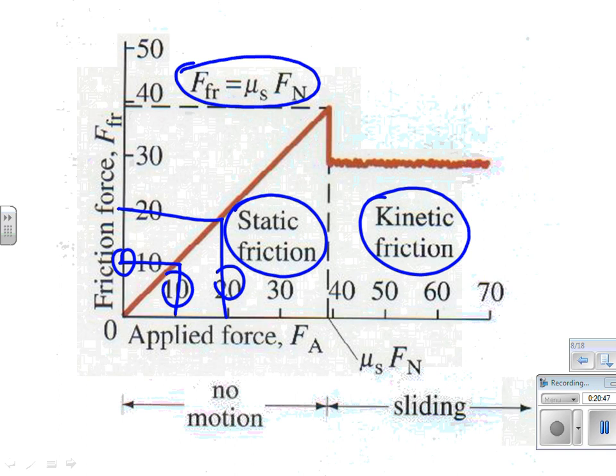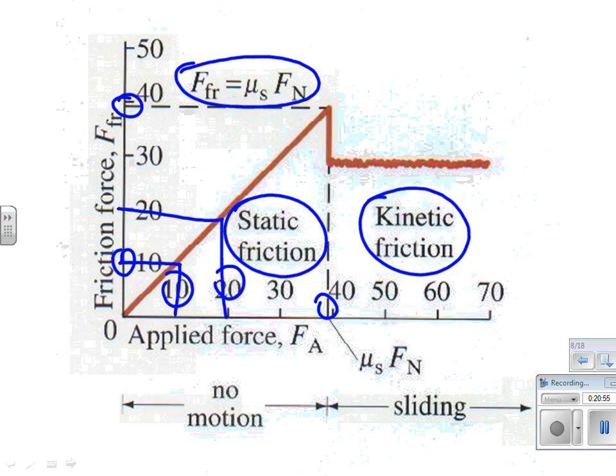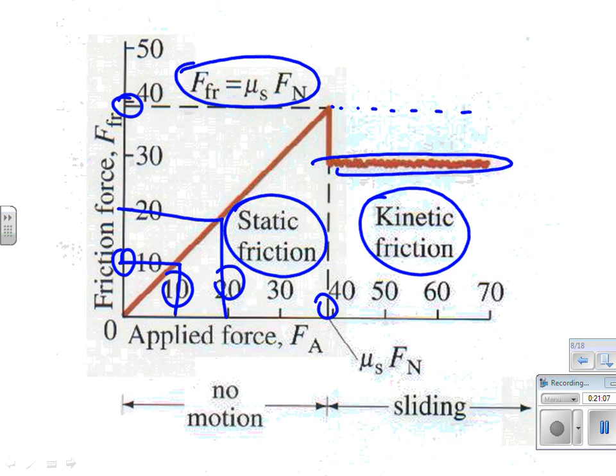In this case, that maximum value appears to be about 39 newtons. So if I push with 39 newtons, my object doesn't do anything. But if I push just a little bit more, suddenly I've overcome static friction and my object starts to slide. And when it slides, I enter the realm of kinetic friction, which is less than the maximum value of static friction. Does that make sense?